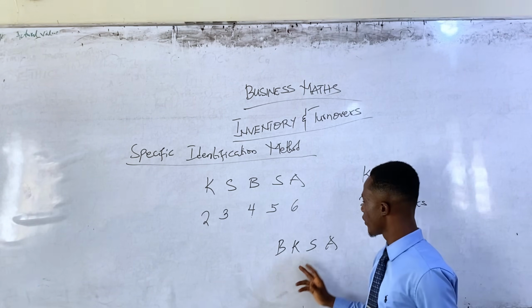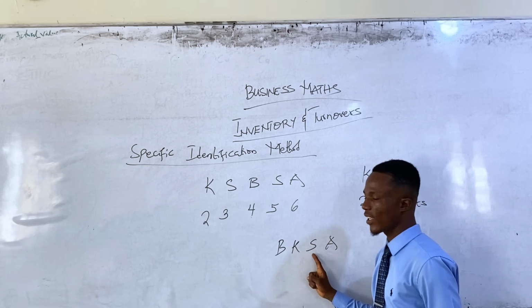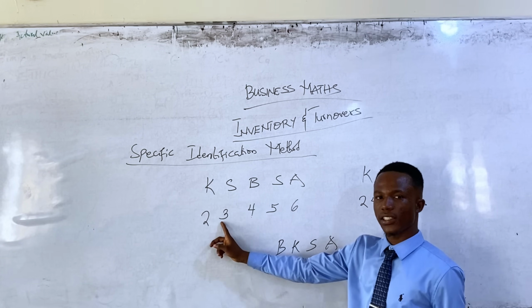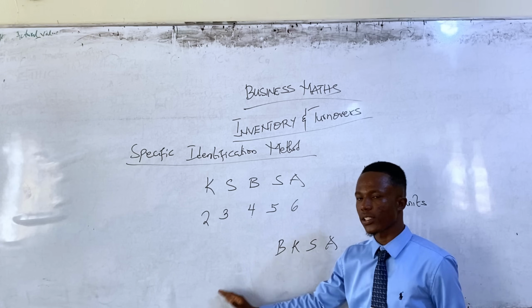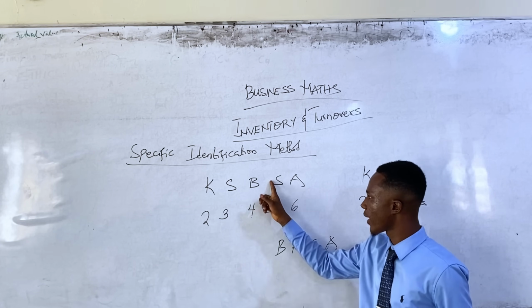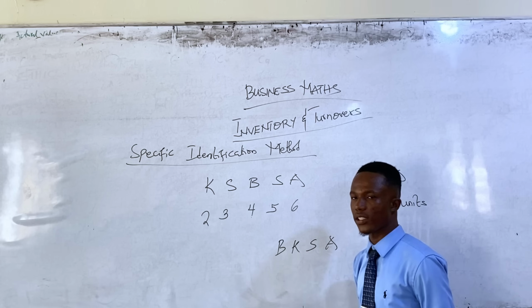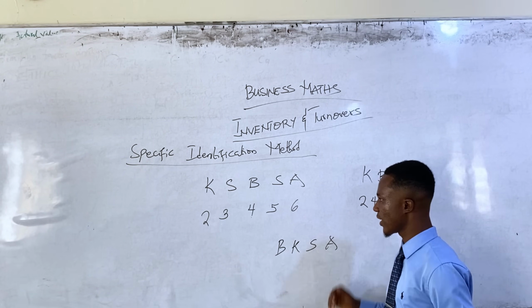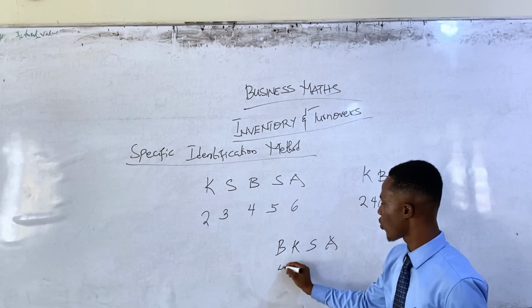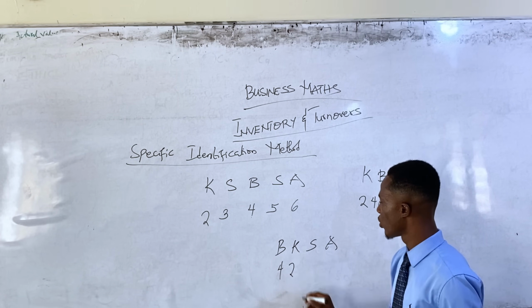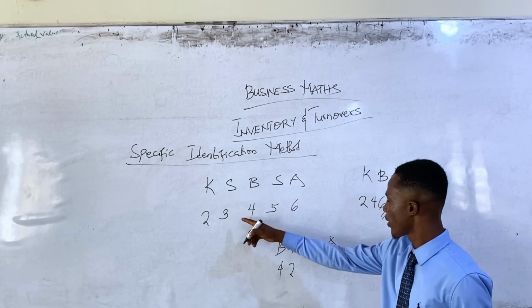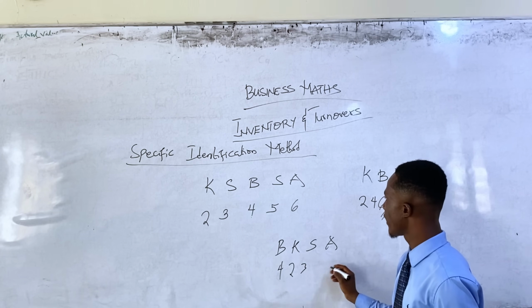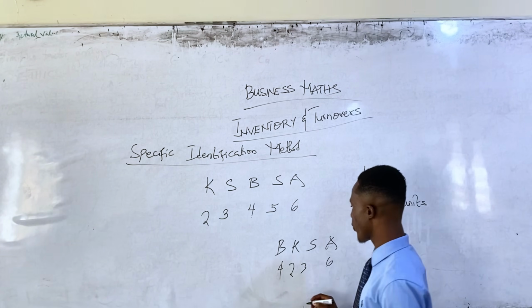Or if you have a question where you have S here and you use the first S and you don't see the answer in the options, you redo it by using the second S. Do you get it? As simple as that. So you have BKSA. Now B represents 4, K is 2, S is 3, and A is 6.